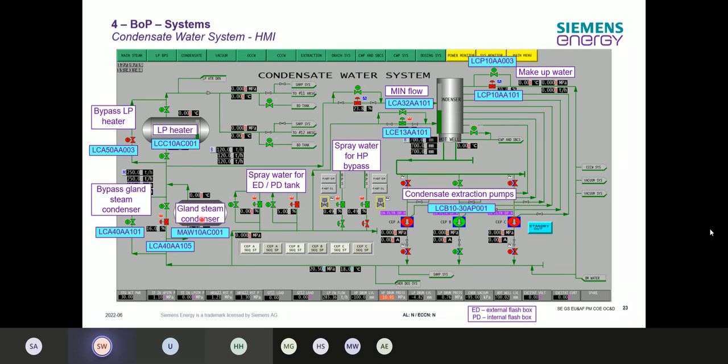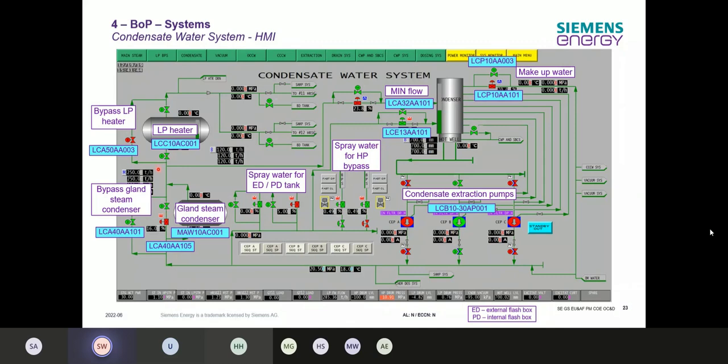The amount is in most cases, I would say, not enough to heat the full condensate volume. So there's a regulation valve, and it will control a certain temperature on the outlet, and a certain amount will go through the gland steam condenser, and another amount is getting through the valve.